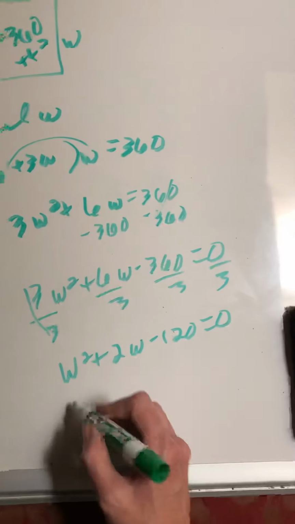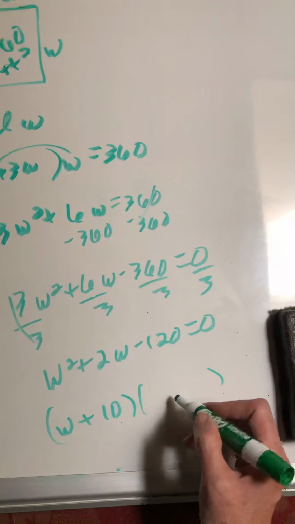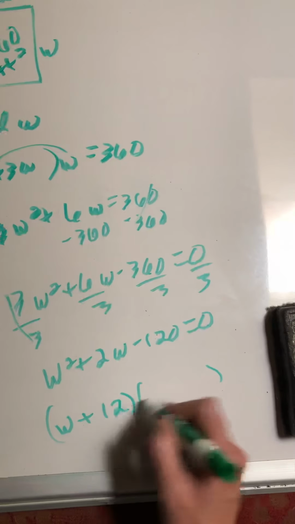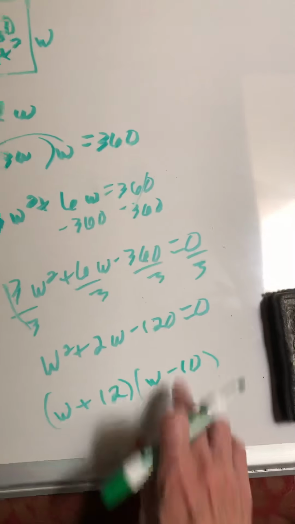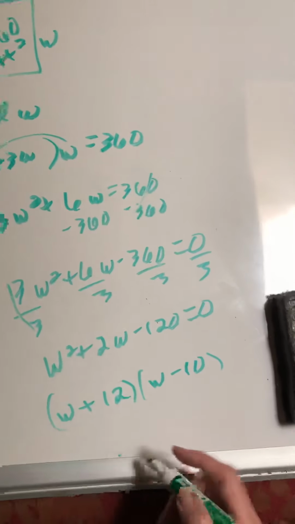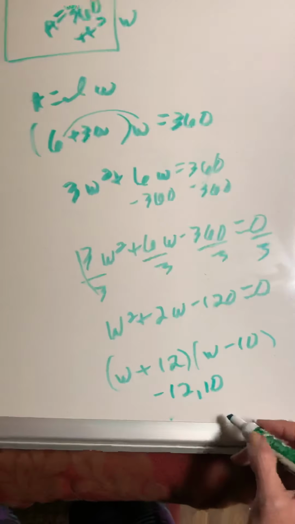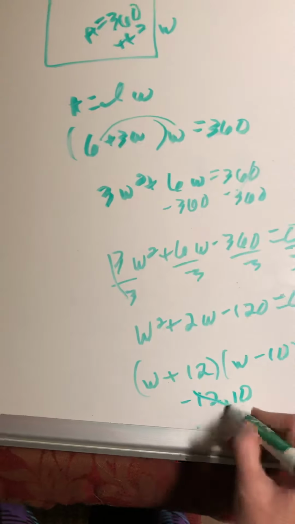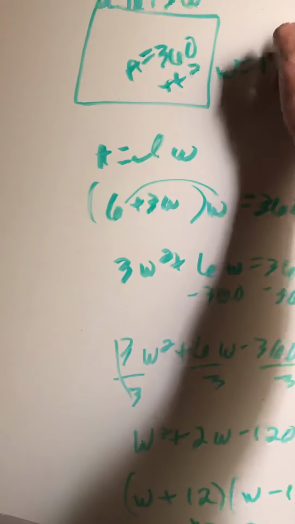I need the factors of negative 120 that give me 2. It would be a positive 12 and a negative 10, because 12 times negative 10 is negative 120, and 12 minus 10 is 2. So my options are negative 12 and 10. The only one that makes sense is the 10. So that means my width is 10.